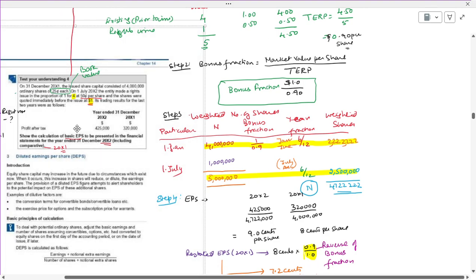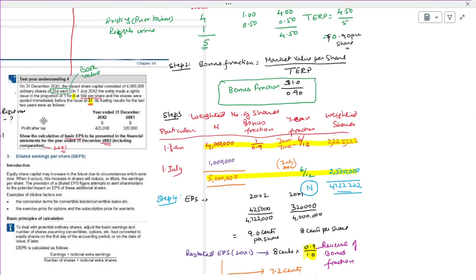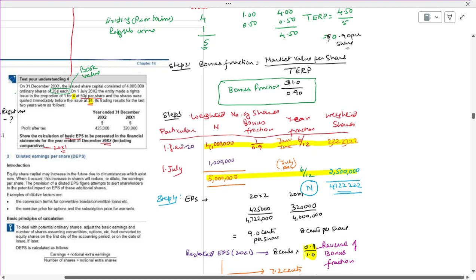On 31st January 2001, they issued the shares. The issued share capital consists of 4 million. On 1st July, okay, fine. 31st December 2001 or 1st January 2002 are the same. Do you agree with this?